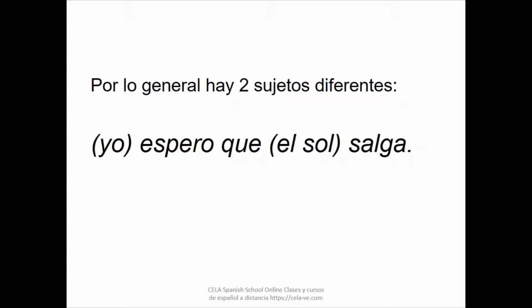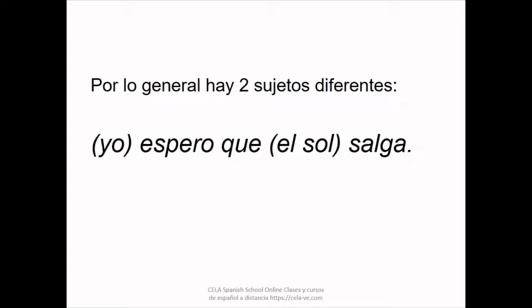Remember that in Spanish, the verb includes information about who the subject is. Having two different subjects joined by que is one of the characteristics of sentences with subjuntivo.